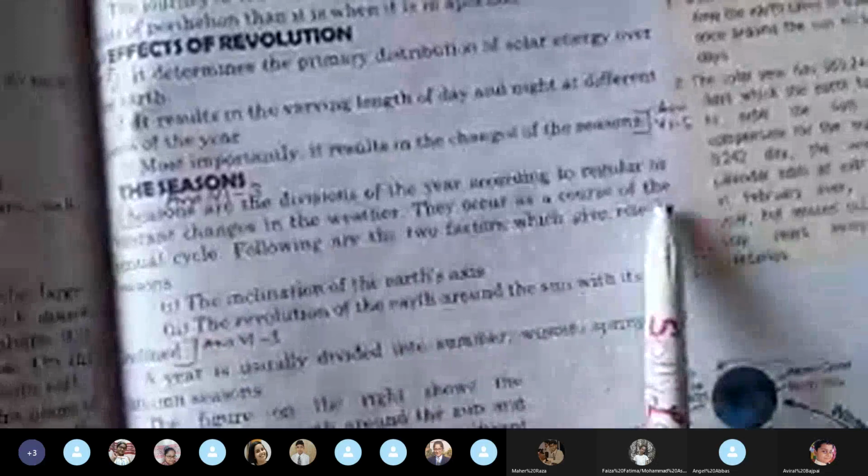They occur as the course of annual cycle. Following are the two factors which give rise to seasons. Number one, the inclination of the Earth's axis. Number two, the revolution of the Earth around the sun with its axis inclined. This is your 6.3.